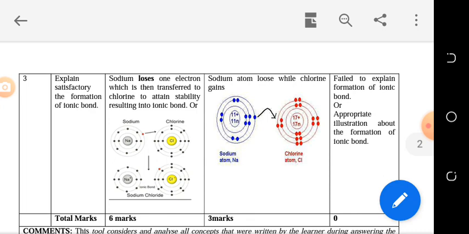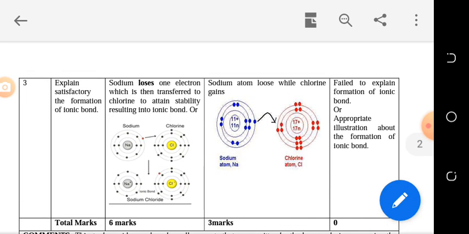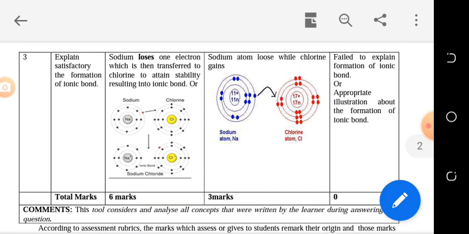If the student says sodium loses while chlorine gains, and has not indicated the result, he is able to get 1 mark, because he did not say what has happened after sodium has lost and chlorine has gained. So the score for this rubric will be 1 mark.